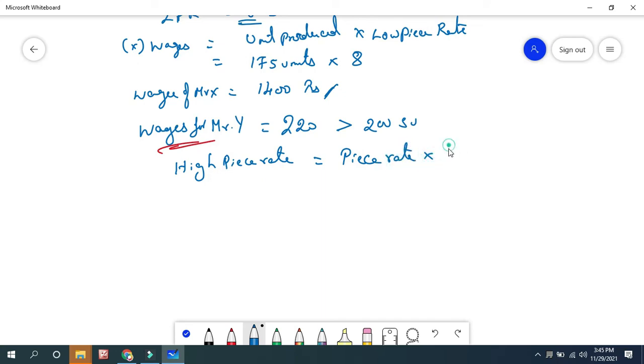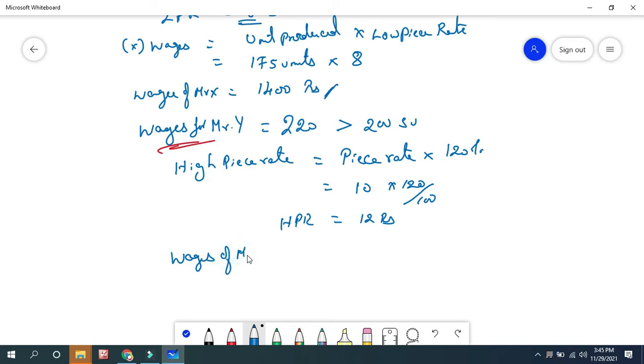into 120%. So piece rate is 10 rupees into 120 by 100, which is equal to rupees 12. So HPR, high piece rate, is equal to 12.